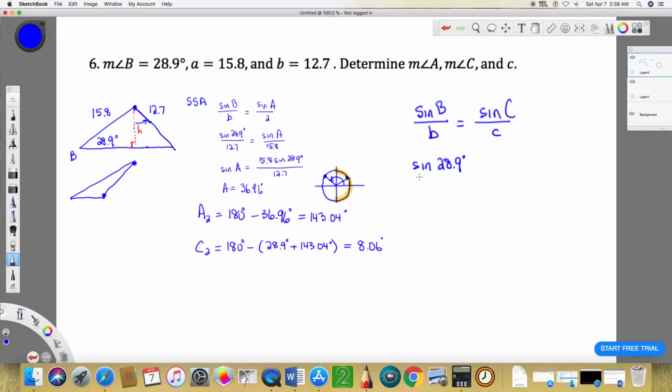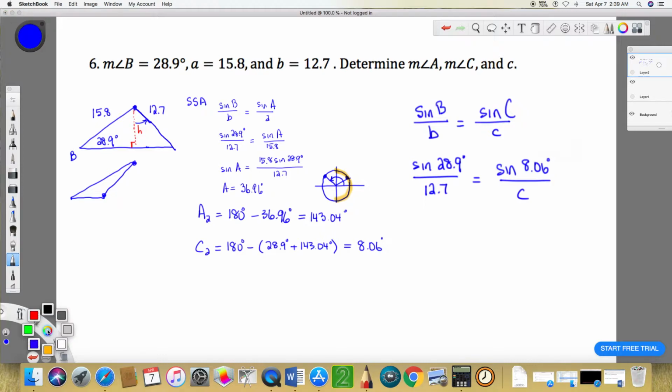That was a given angle and a given length, and we found a new angle. Oops, wait a minute. I want angle C. I do want the 8.06 because I'm trying to find the length of C. I'm given the length of A and B, so yeah, I need this.